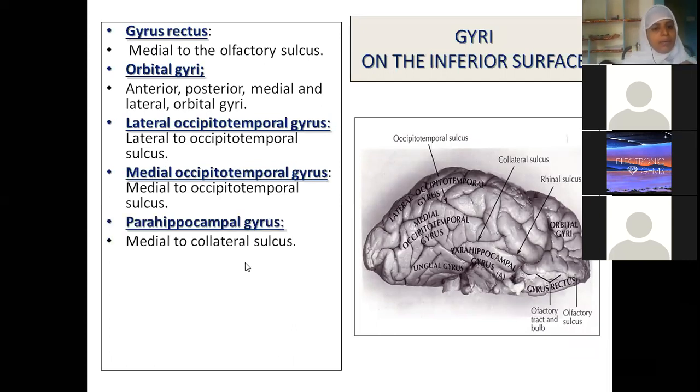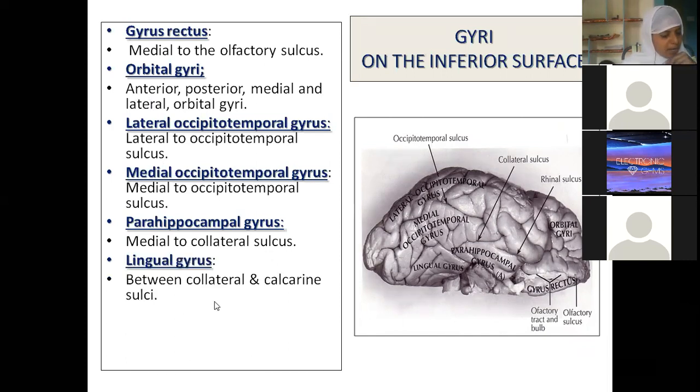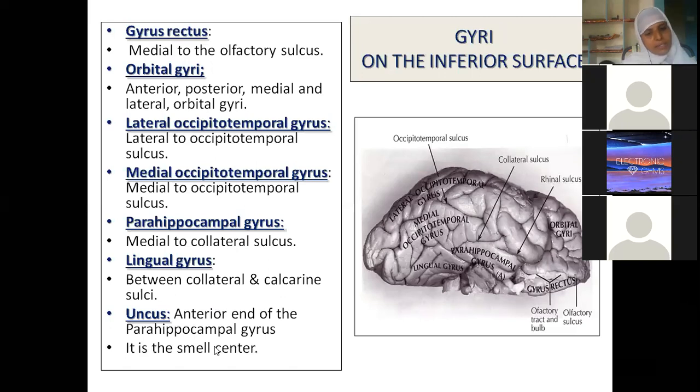Then we have the parahippocampal gyrus, medial to the collateral sulcus. The lingual gyrus is between the collateral and calcarine sulci. The uncus is the anterior end of the parahippocampal gyrus. You should know this word, uncus.